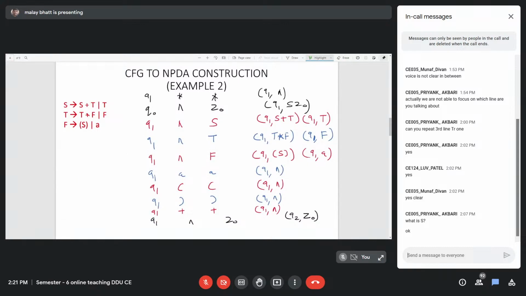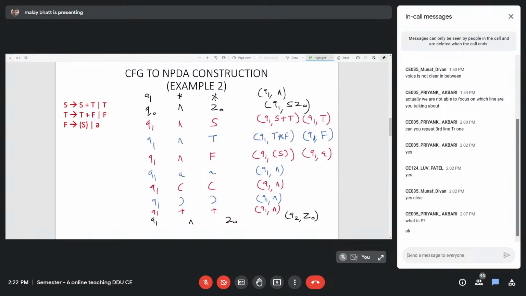So now we have one more example here. You will see that the starting symbol of the grammar is S. So now, as per the first rule, initialization, we are writing Q0 null Z0 gives Q1 S Z0.